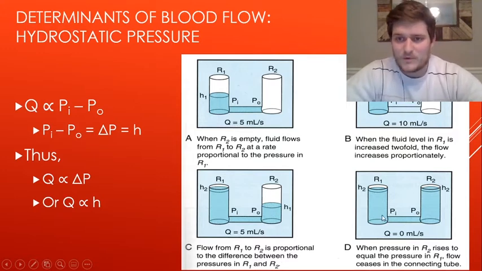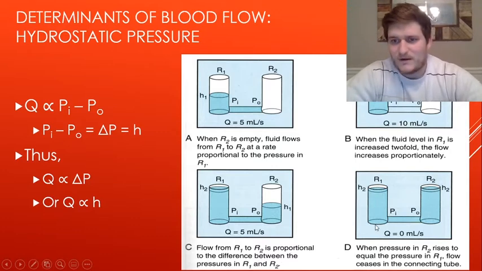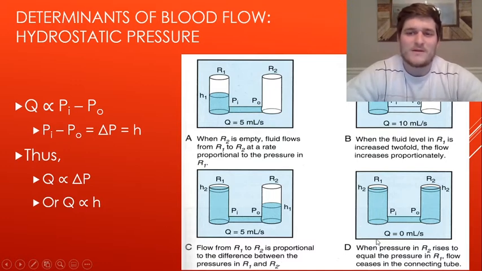Then in D, we're saying that the column of R1 and the column of R2 have the same heights of fluid. So therefore, since these heights are the same, the pressures are going to be the same, and therefore there is no flow moving from column to column.